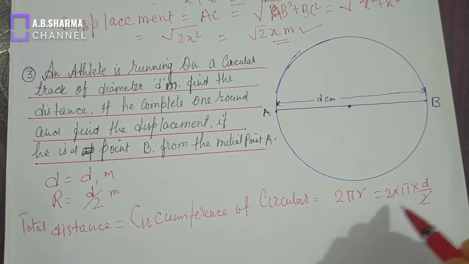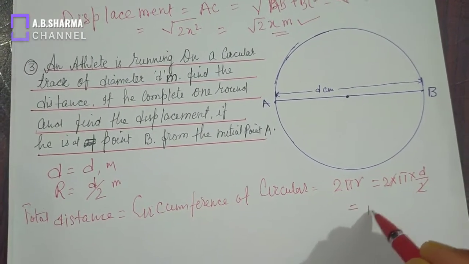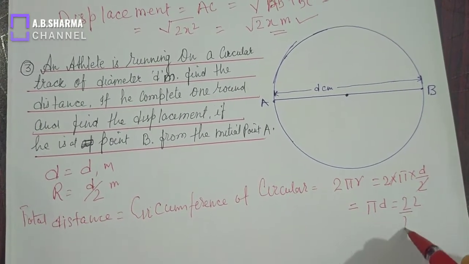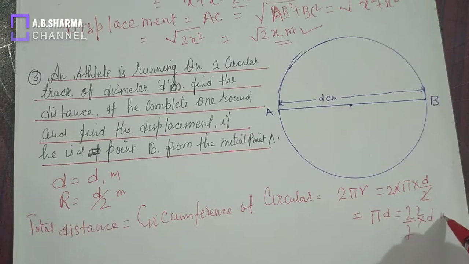The 2s cancel out, and total distance is pi d, or you can write 22 by 7 into d meter.